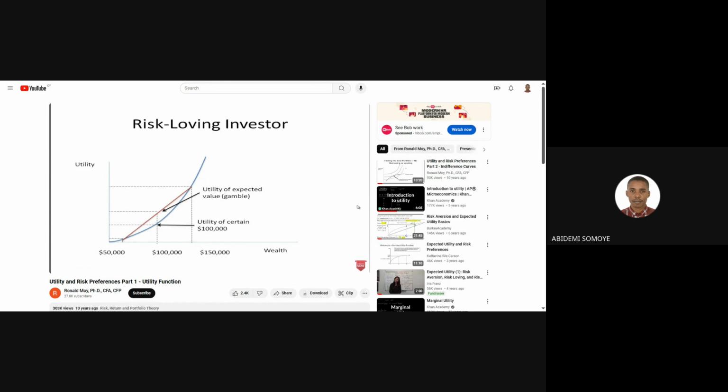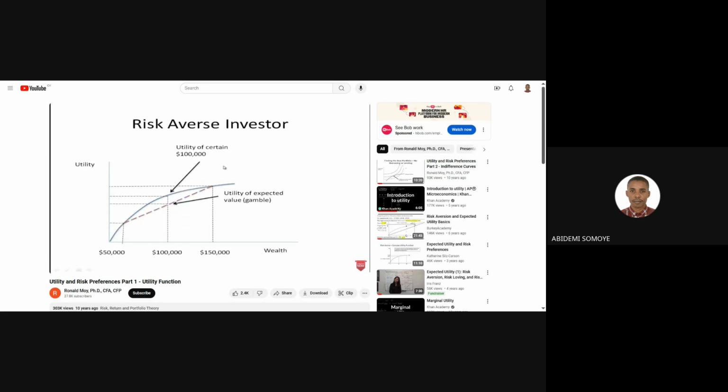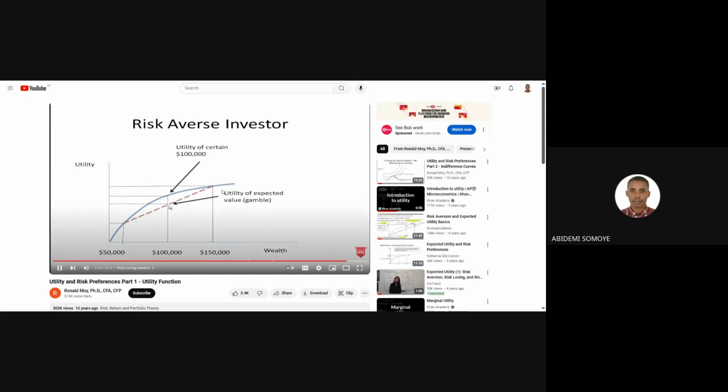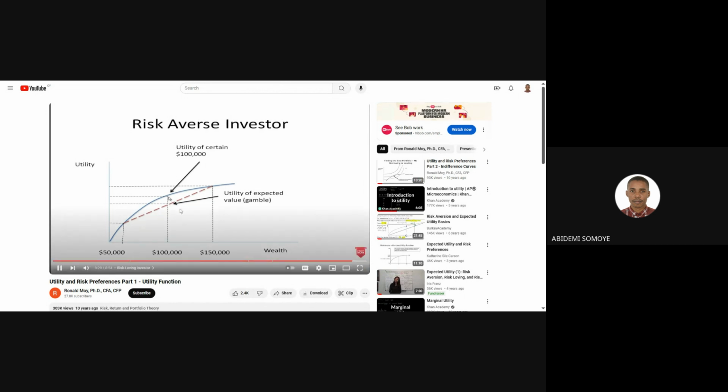So this gives you an idea of why some people take a gamble and why some people don't. And in fact, if we scroll back here to the risk-averse individual, this is why people buy insurance, because the utility they get from the expected value isn't as good as the certainty.